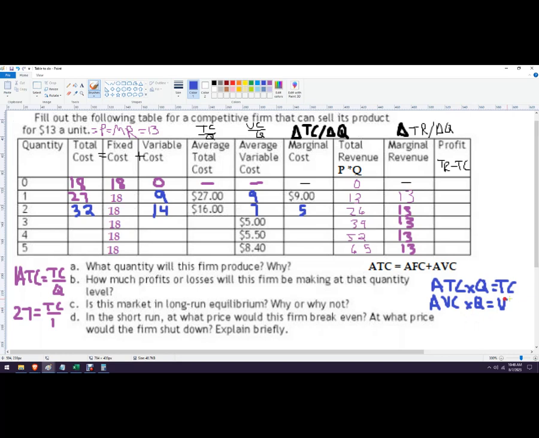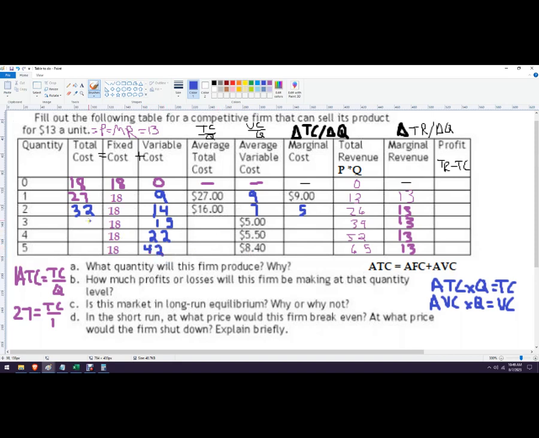That gives us our variable cost, sometimes called total variable cost. So 5 times 3 is 15. 4 times 5.50 is 22. And $8.40 times 5 is 42.